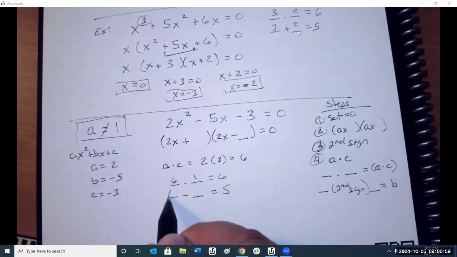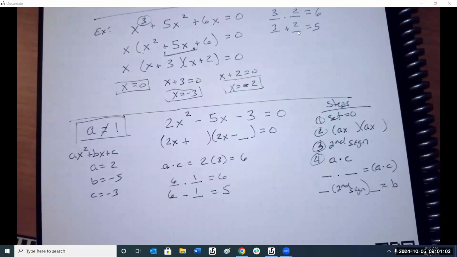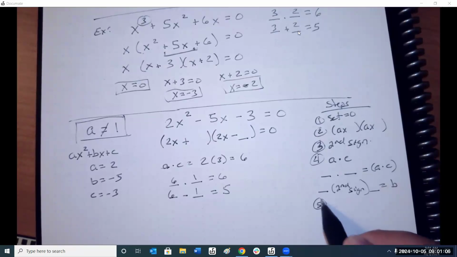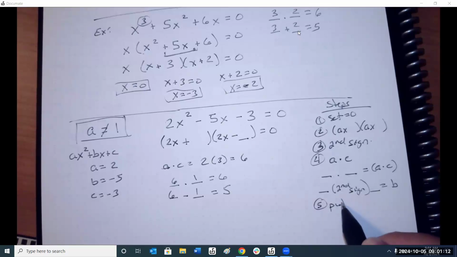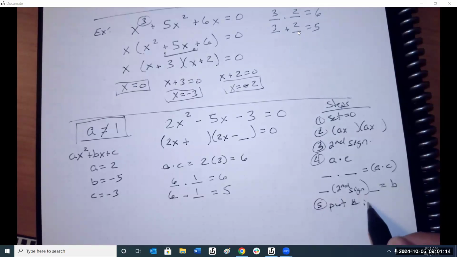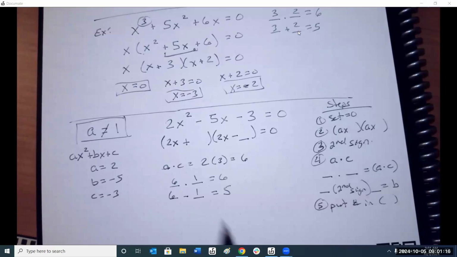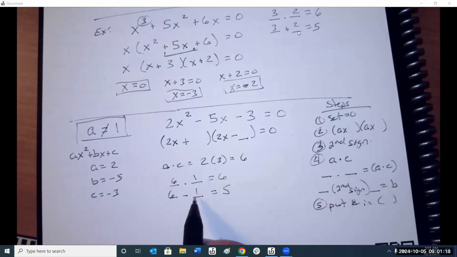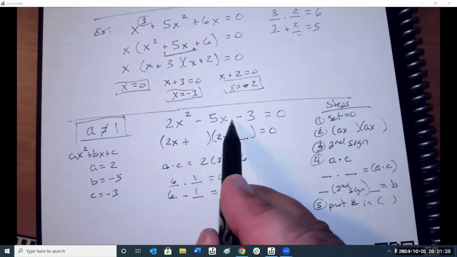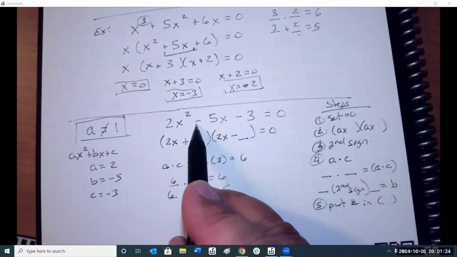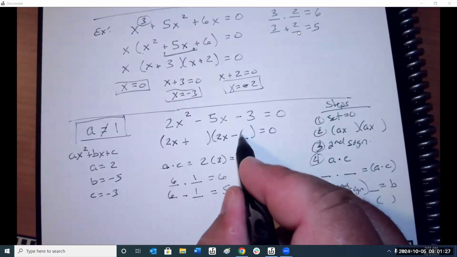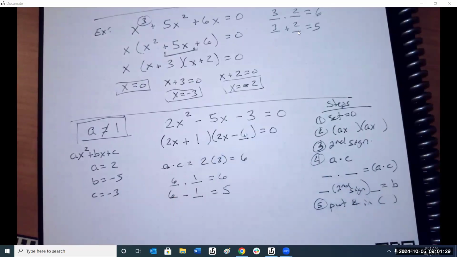Six times 1, 6 minus 1. Put the numbers inside the parentheses. So the numbers are 6 and 1. Again, since the second sign was a minus, signs are opposite, the bigger number gets a negative. So the 6 goes here and the 1 goes there.